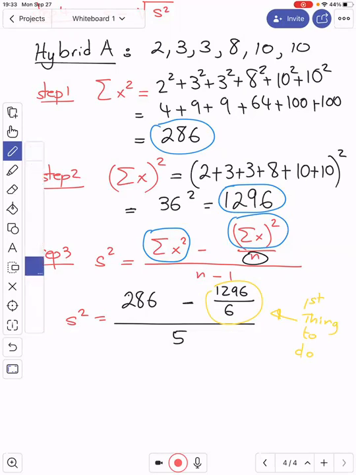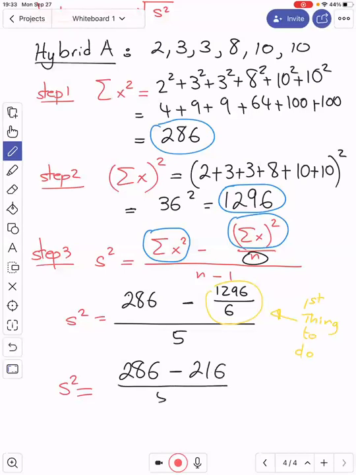1296 over 6 is 216. So this is the variance: 286 minus 216, over 5. Now, the next thing to do is finish the top, the numerator right here. So we subtract 286 minus 216.